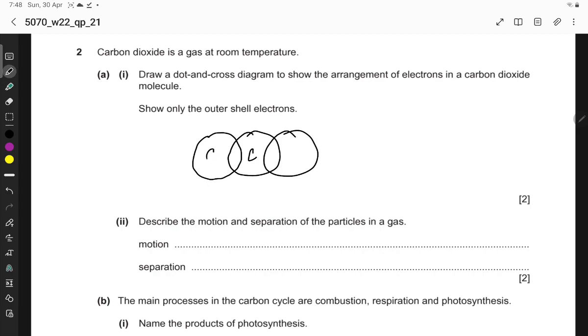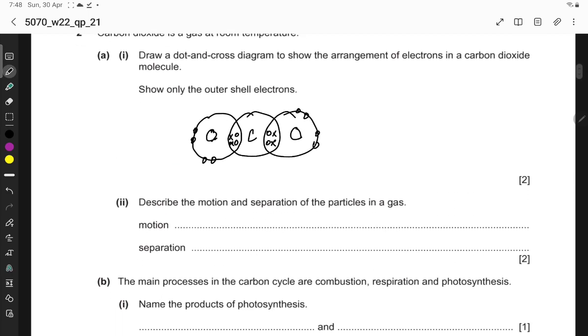Carbon has 4 valence shell electrons. So 2. This is oxygen. This is the structure of carbon dioxide.